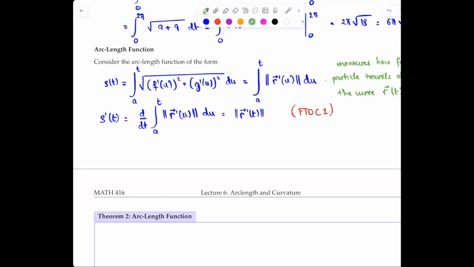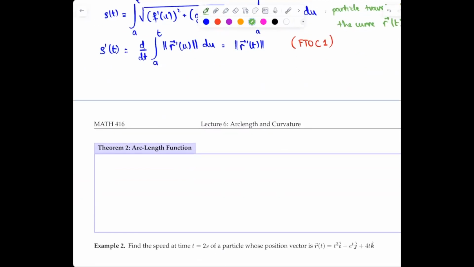So the arc length function is the distance function. When you have a distance and you take the derivative, what do you get? Velocity. But in this case, it's the length of the velocity, so that is the speed, not the velocity, because you just have the magnitude only. So this is called the speed.